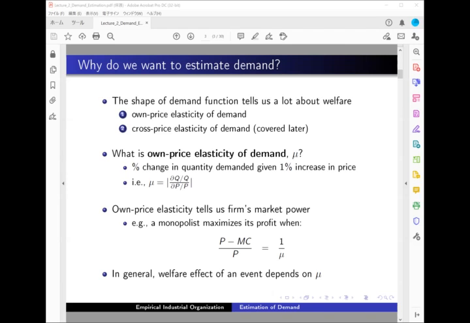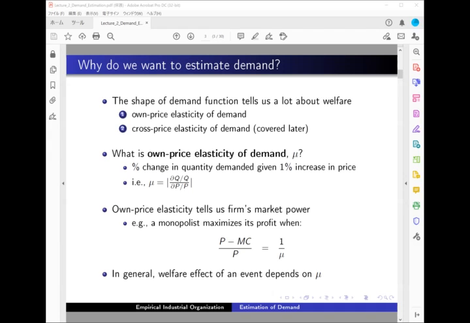The markup equation on the slide says a monopolist's markup is inversely related to the firm's product's own price elasticity of demand, which suggests that the monopolist's markup is large if the demand for the product is inelastic.